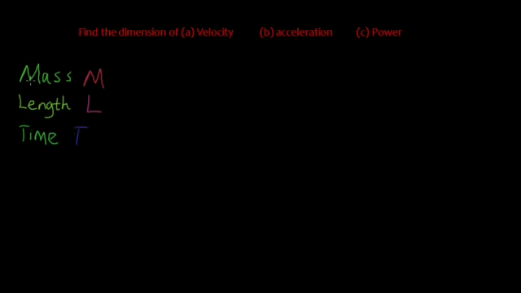Dimension for anything that has to do with mass is capital M, for length is capital L, and for time is capital T. Now let's look at the first one, velocity.